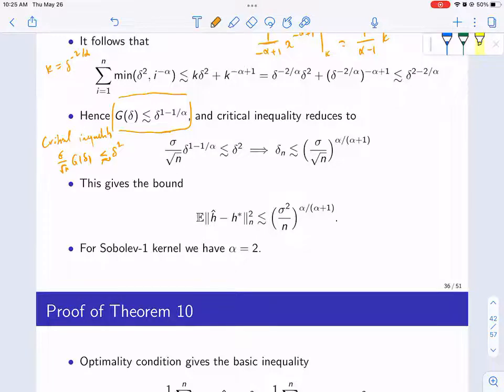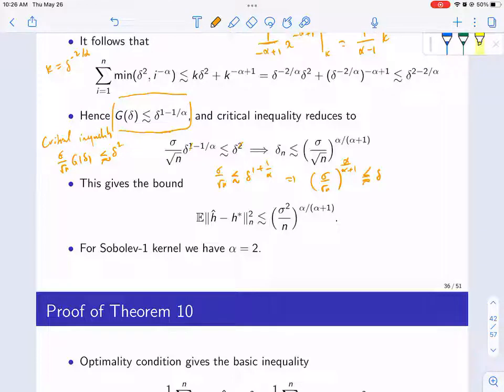If we solve this, it would give me sigma over root n. One of the deltas cancels out, so this cancels with that. I get delta to the 1 plus 1 over alpha. Okay, and then this gives me sigma over root n to the alpha over alpha plus 1. This is saying delta has to be bigger than or equal to this, right?